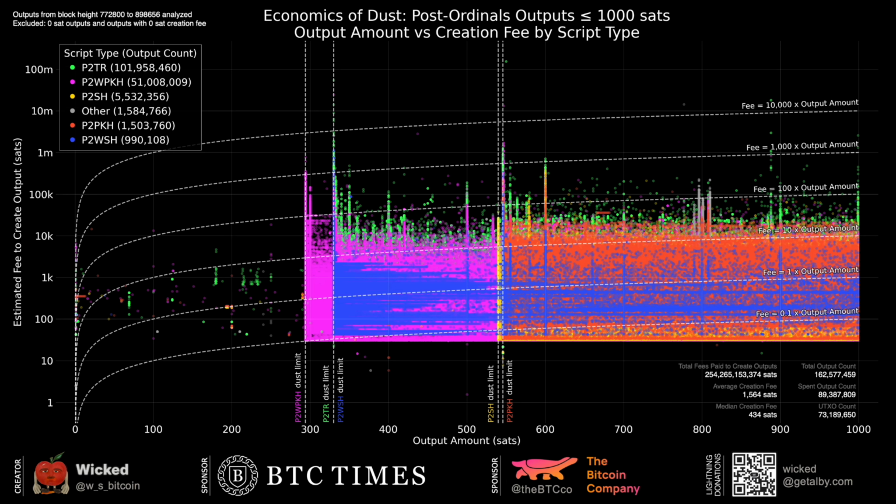So if anything, this highlights how much behavior on the network is now shaped by use case driven incentives, even when they come at a high cost. And even if the dust limit were removed, you would see a lot of this use throttled by fee rates alone. So that's what I wanted to share.